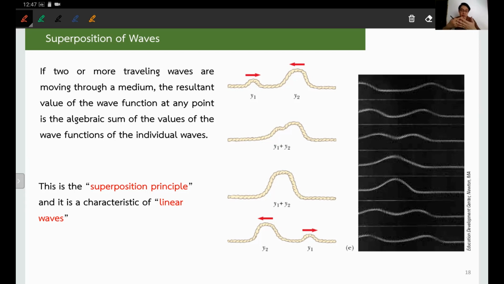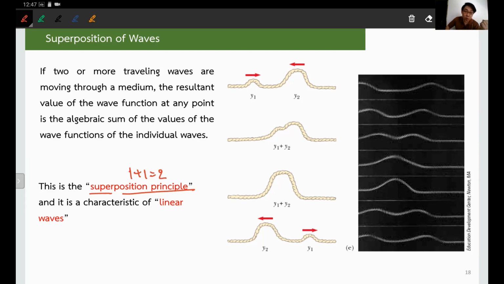Waves can interfere with themselves. And the way it goes is very simple because interference is based on a very simple principle. We call it the superposition principle. And what is this principle? This principle is 1 plus 1 equals 2. It sounds ridiculous, but that's what it is. When I say 1 plus 1 equals 2, it means the waves that we are talking about up to this point are all linear waves.